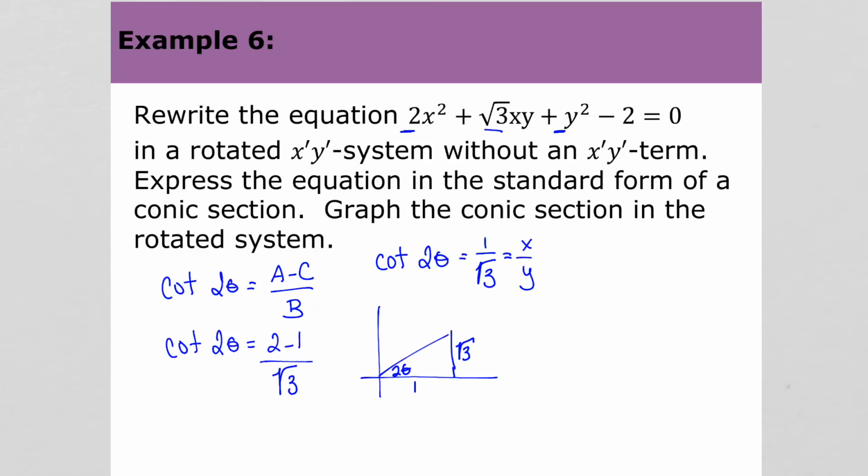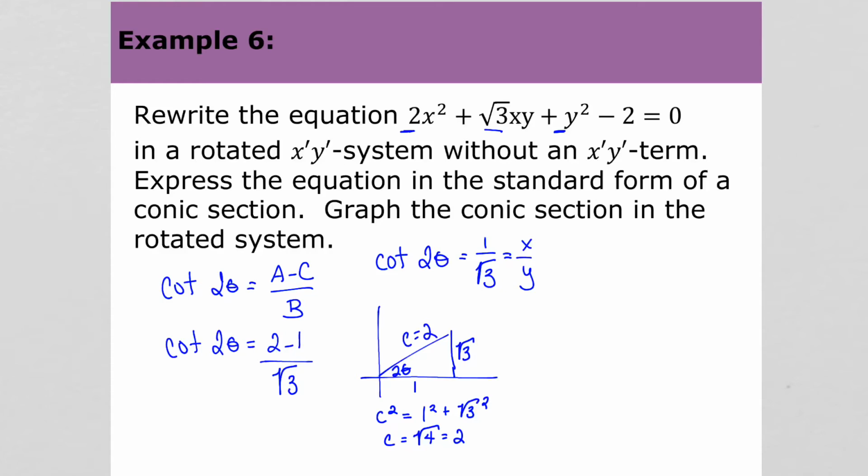So start by finding c. So c squared will be 1 squared plus the square root of 3 squared. So c is the square root of 4 or 2.